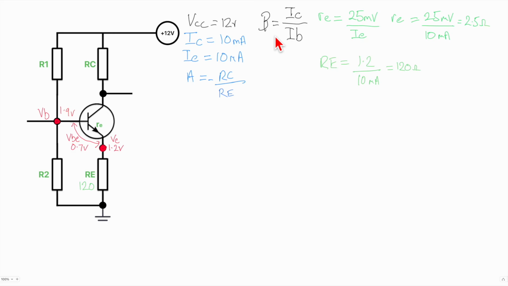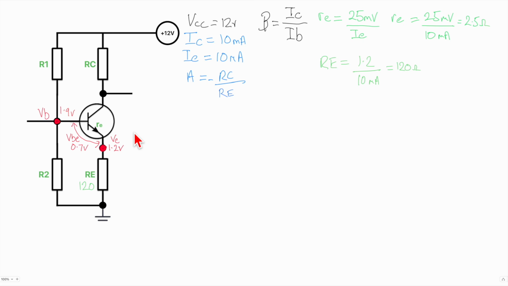The trouble is that depending on the particular beta, the gain of your transistor, you can design this and have a certain voltage here, but if the gain is different, then that's going to upset all your calculations. I could design it for mine, but if the beta of your transistor is different, then it's going to look different.